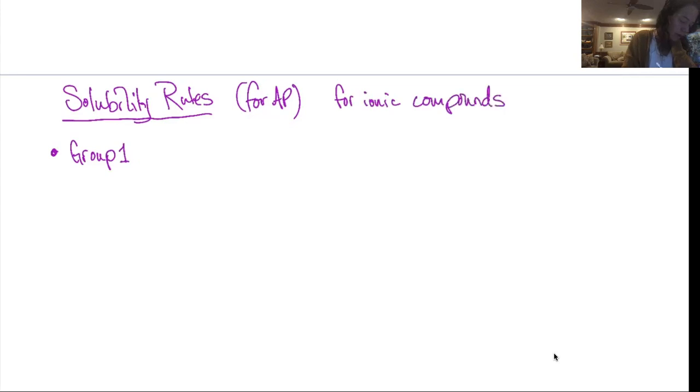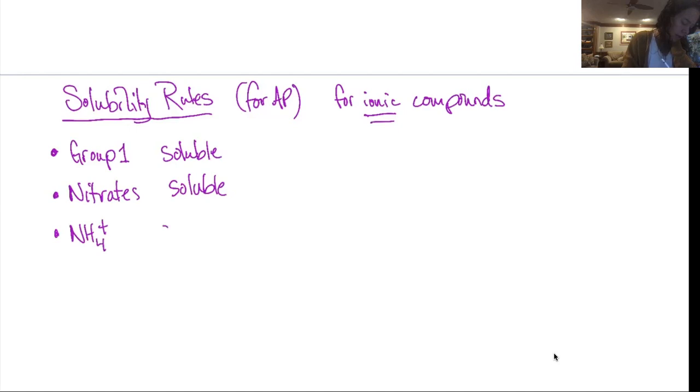Do not include acids here. Nitrates are soluble. Ammonium compounds, remember, these are ionic, are soluble. I'm giving you all the ones that are soluble.